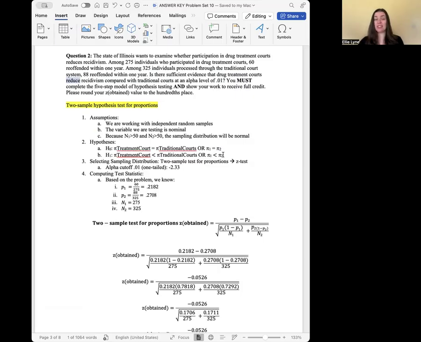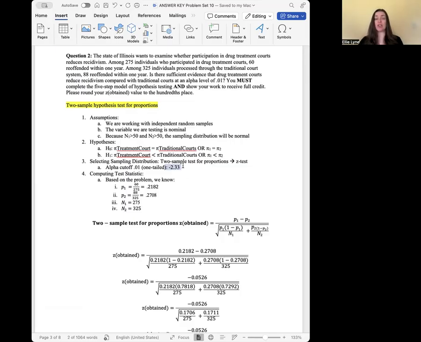You can revisit step 2 here to ensure that you have a direction that's specified. So with that being said, take a look at the chart that was provided in the slides and look at where it intersects for an alpha cutoff of 0.01 for a one-tailed test. And we know this has to be on the negative side because it's a less than question. And that will be negative 2.33.